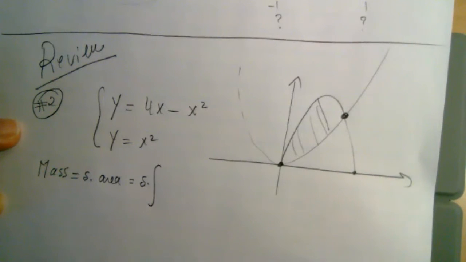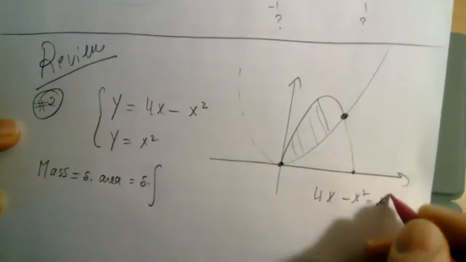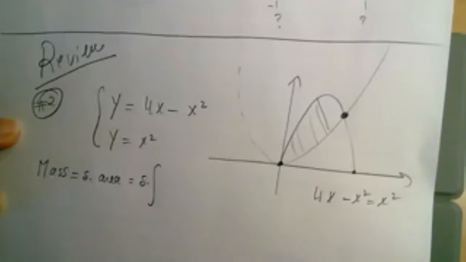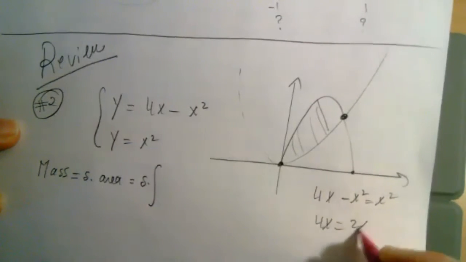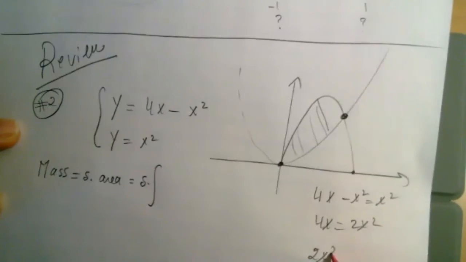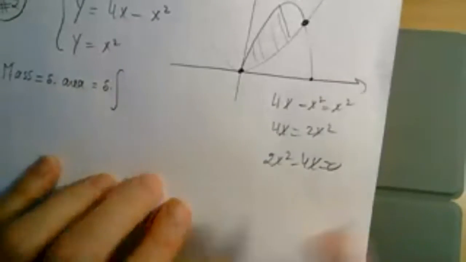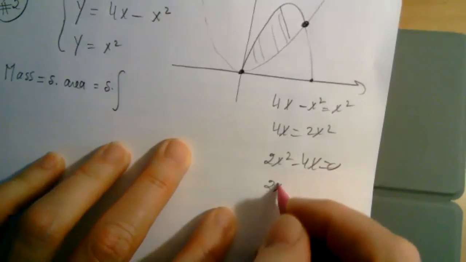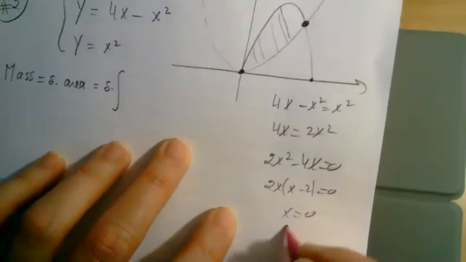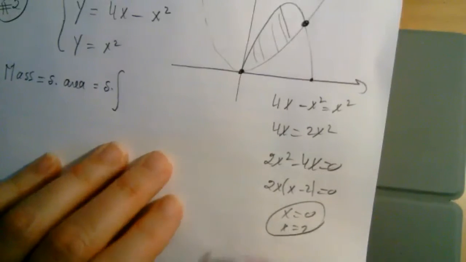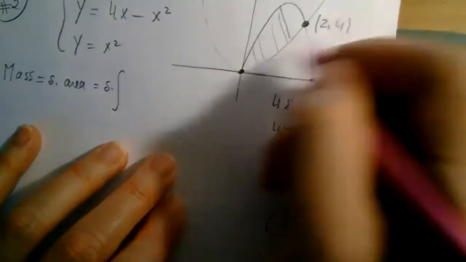We have to set the curves equal to each other so I can find the intersection. This gives me 4x minus x squared equals x squared. It means 2x squared minus 4x equals 0. So 2x times (x minus 2) is 0, so x is 0 and x is 2. The intersection happens here at 2 and right here.